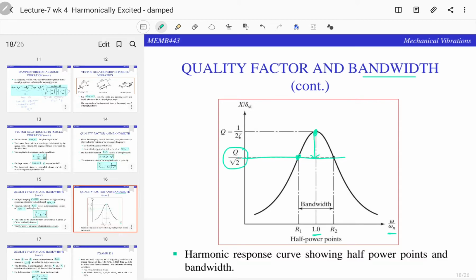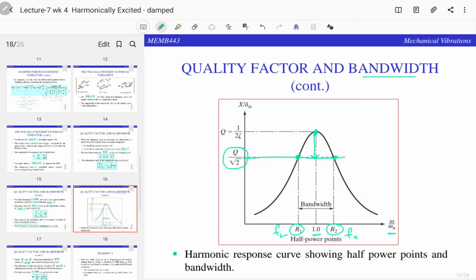Then you can find two frequencies that define this. These two frequencies are what we call the half power points, the lower frequency and the upper frequency.